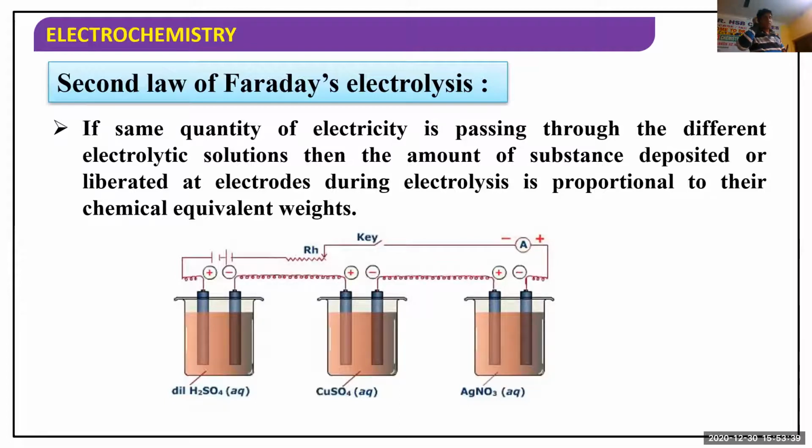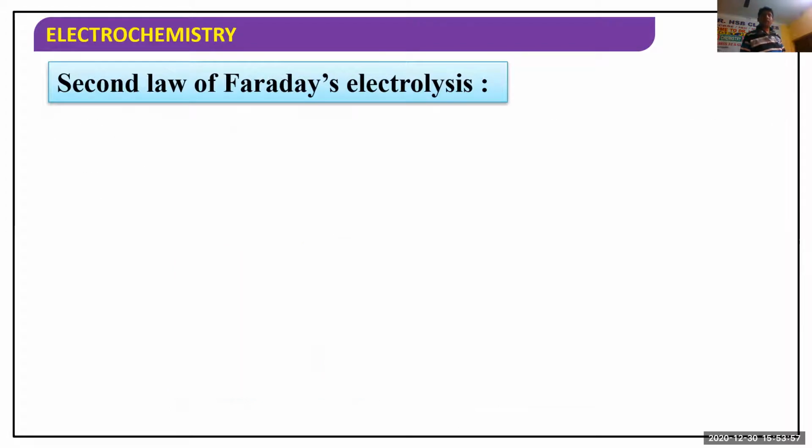Okay. So this is the picture. There are so many electrolytic cells. There is a cathode and an anode. And what happened here?